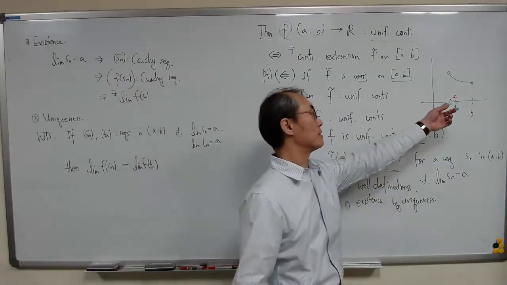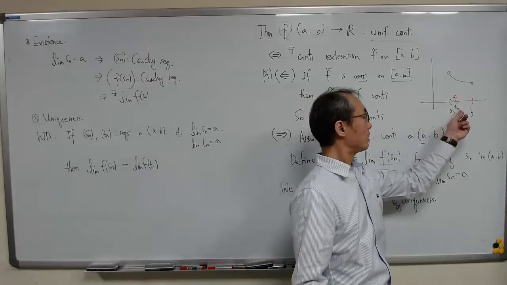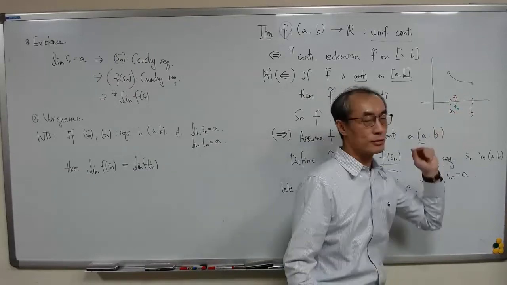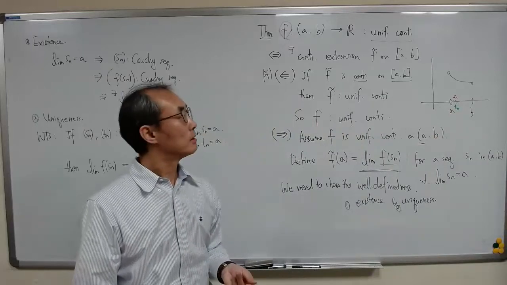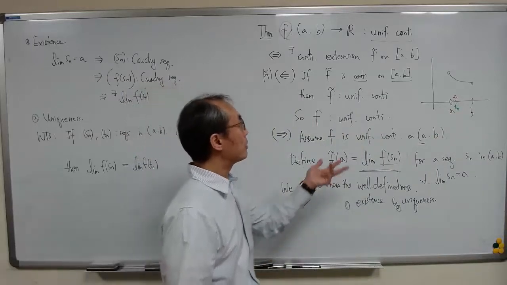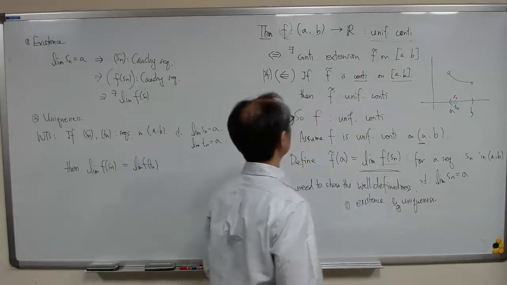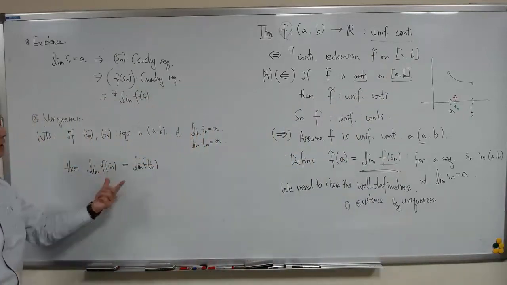Since we have two different sequences, Sn that approaches A, and another sequence Tn also approaches the same limit A, and by using the uniform continuity of the function, how can you verify those limits are the same?